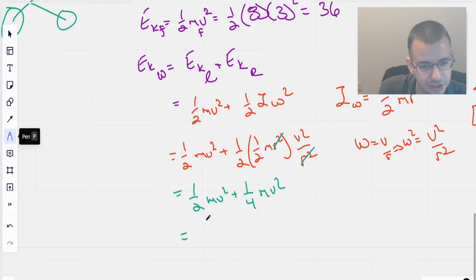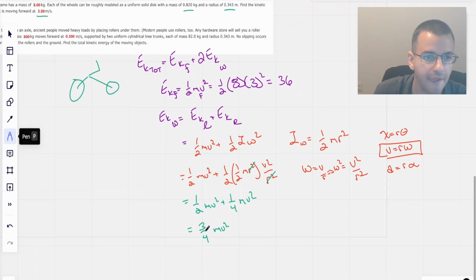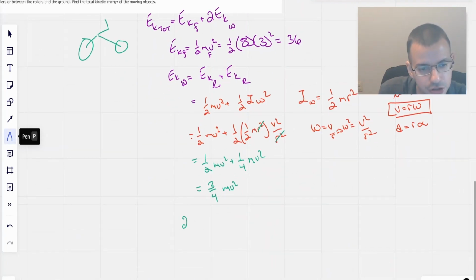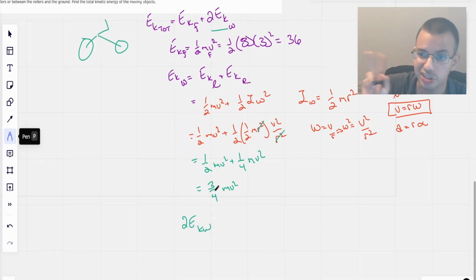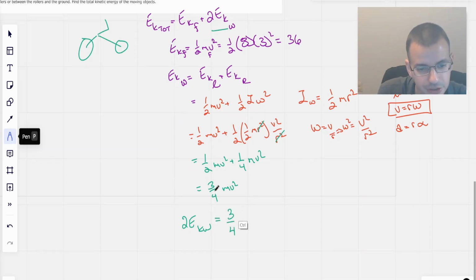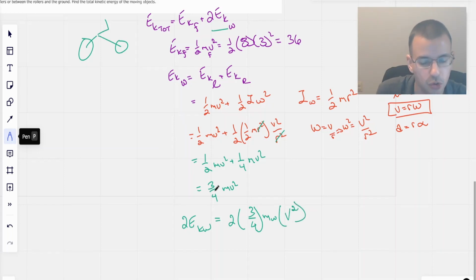This gives us 3/4 mv squared, and therefore 2 times energy kinetic wheel, because 2 wheels, equals 2 times 3/4 times mass wheel times velocity squared.